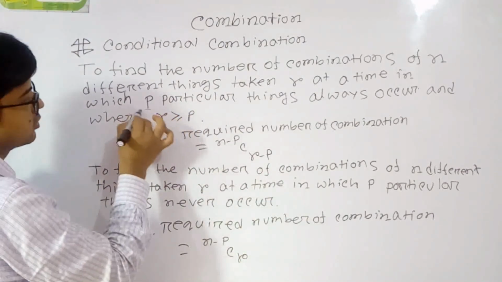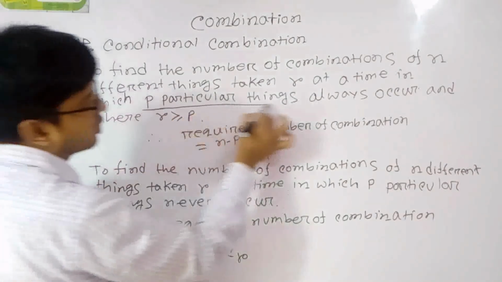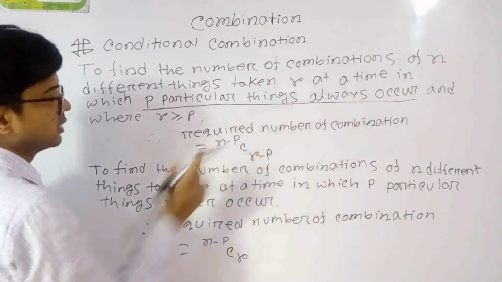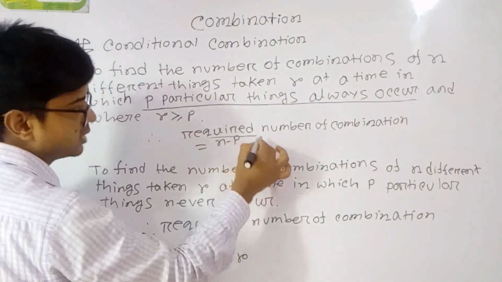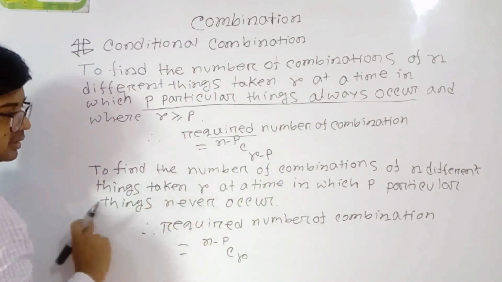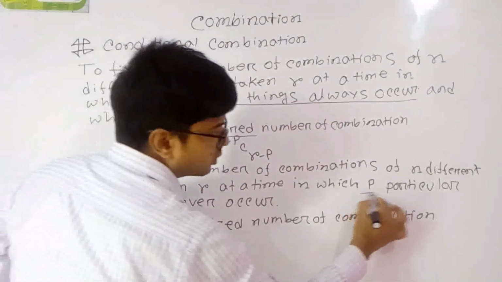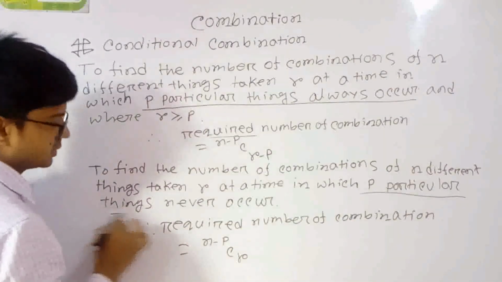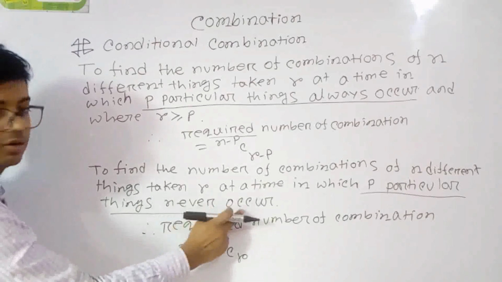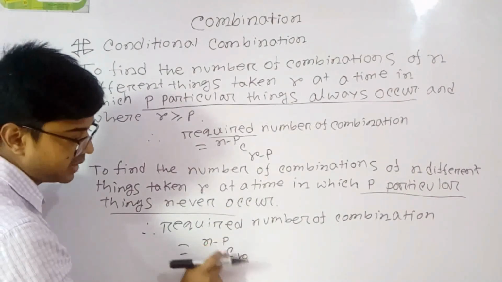For this part, p particular things always occur, that's why (n minus p) C (r minus p). And for this portion, p particular things never occur, that's why (n minus p) C r.